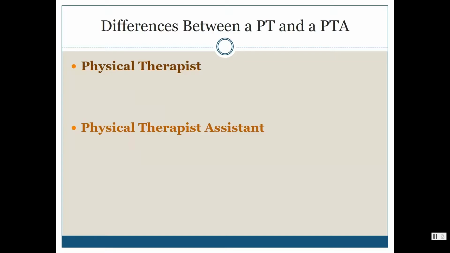The PTA can then implement that plan of care, implement the interventions to help work towards those goals set by the PT. And then the physical therapist will ultimately discharge the patient once those goals have been met and the patient meets their optimal functional abilities.